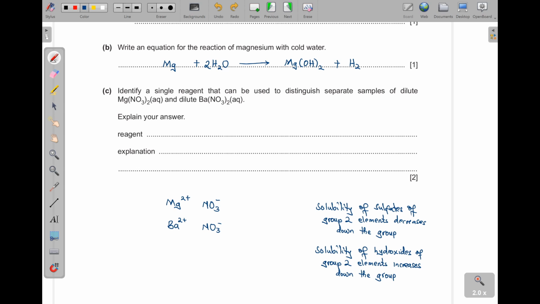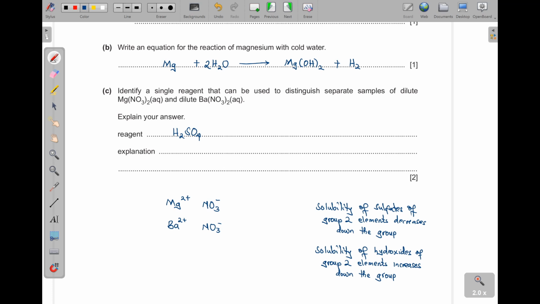But the simplest reagent you can use here is sulfuric acid. Sulfuric acid has a sulfate there. And when you react it here, what are you going to see? A white precipitate.